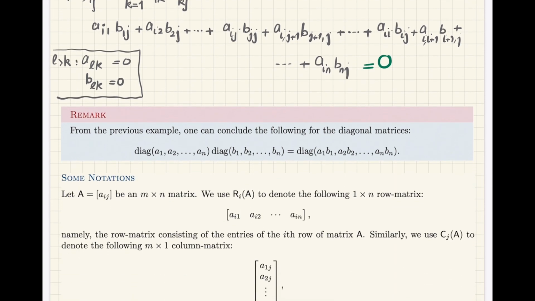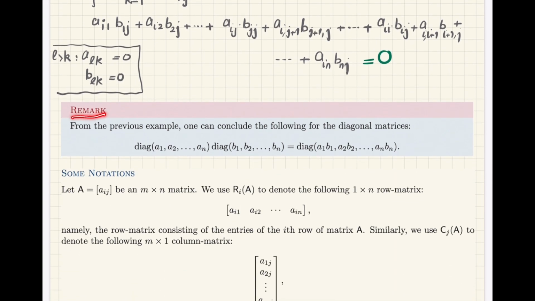Okay, so now the very important remark is this. It's very important to remember this fact. So if I have two diagonal matrices, it's extremely simple to multiply them. The diagonal matrices play a very important role in the matrix theory. So little by little, it's better to discover their properties.